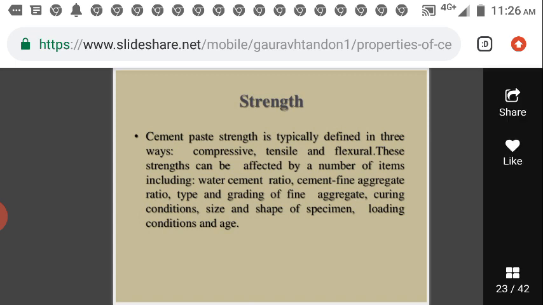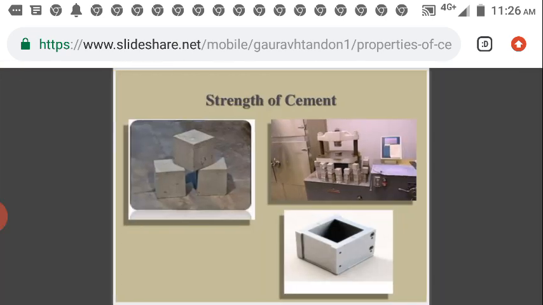These strengths can be affected by a number of items, including the water cement ratio, the cement to fine aggregate ratio, the type and grading of the fine aggregate, curing conditions, size and shape of the specimen, and loading conditions and its age. Normally the water to cement ratio and the cement to fine aggregate ratio are majorly affecting it, more than 70%.